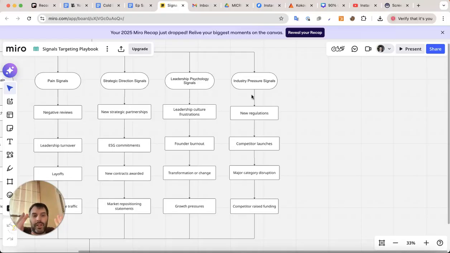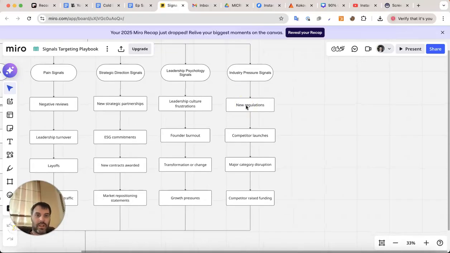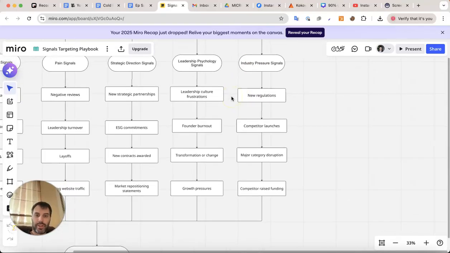A lot of these companies that sell snacks and stuff like that had to adapt their marketing according to the government's regulations, specifically in the UK, by the way. So that's the kind of stuff I'm talking about, right? That has an impact, because they're going to be worried about how this new regulation affects their marketing or whatever else it is. So that's to elaborate a bit further on what I mean by industry pressure signals.